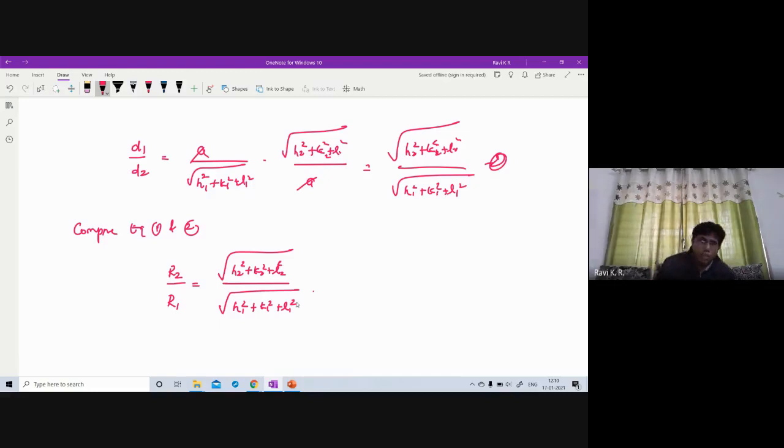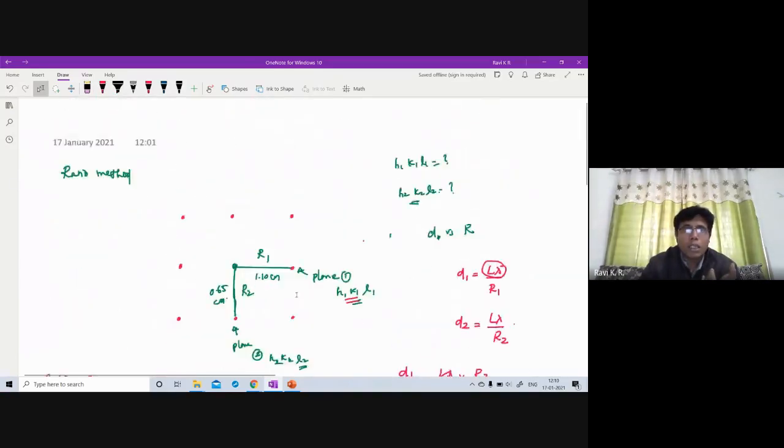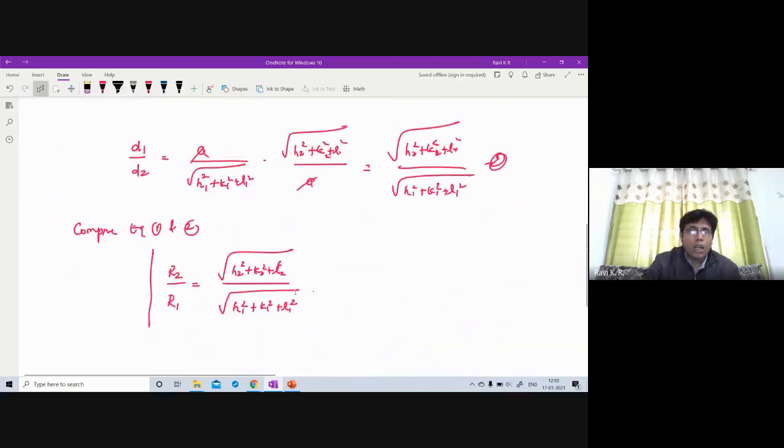So simple. Now we got a relationship. Now this is very easy to calculate. See what you are seeing in this picture. If you know R2 and R1, you can do calculation of R2 by R1. Okay. Once you know R2 by R1, automatically that is actually corresponding to your two planes.